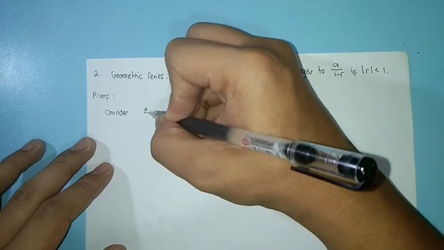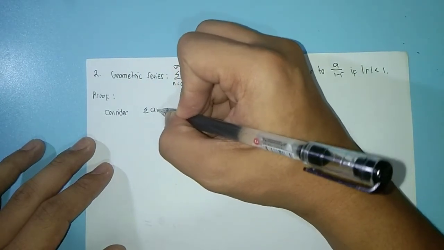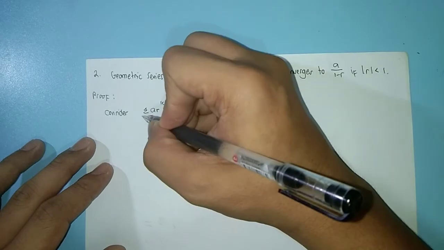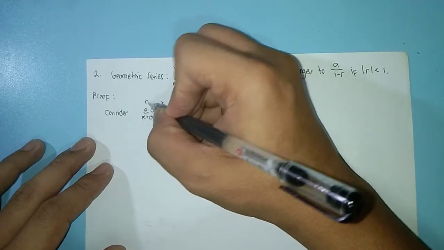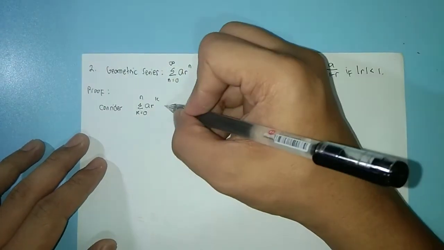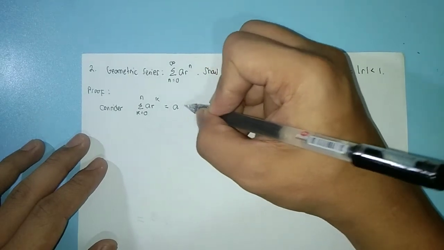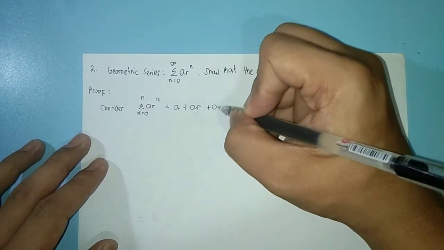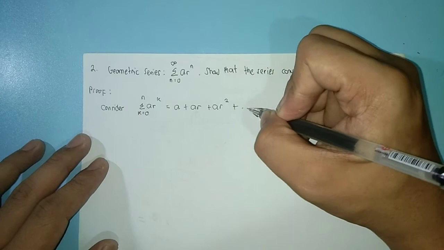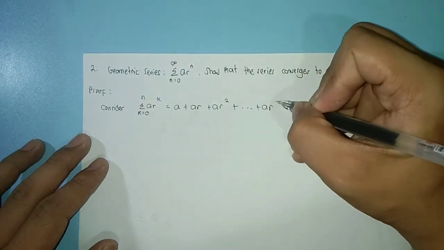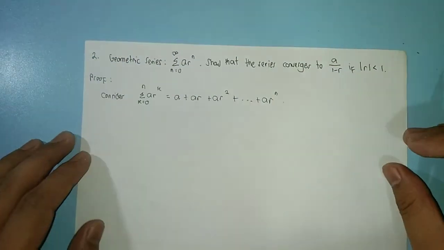its partial sum, let's say summation of ar raised to k, k is from 0 to n. So this is equal to a plus ar plus ar squared and so on up to ar raised to n. Okay?